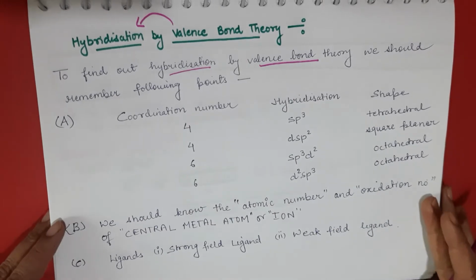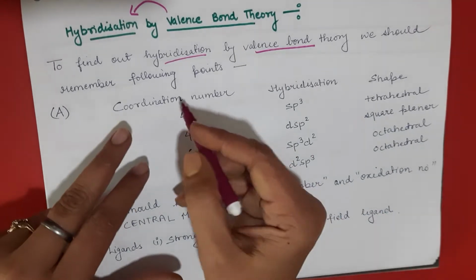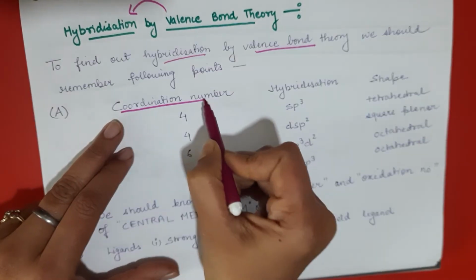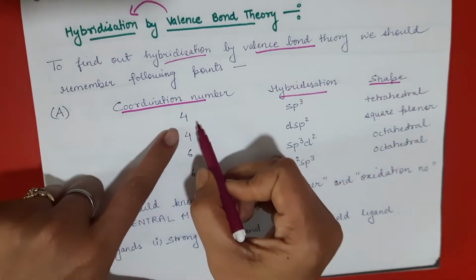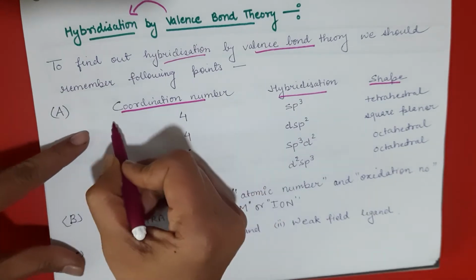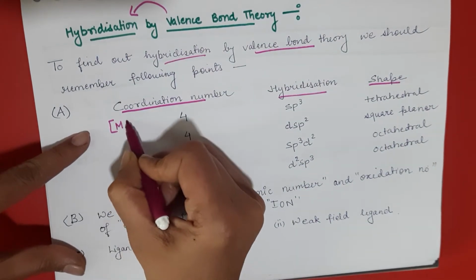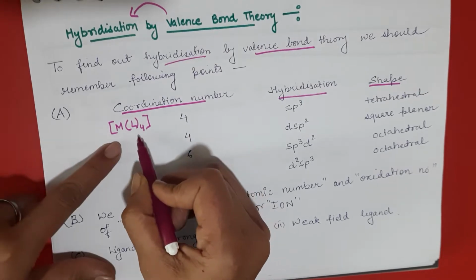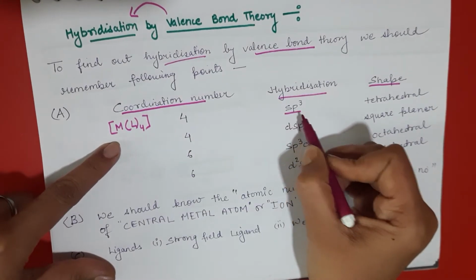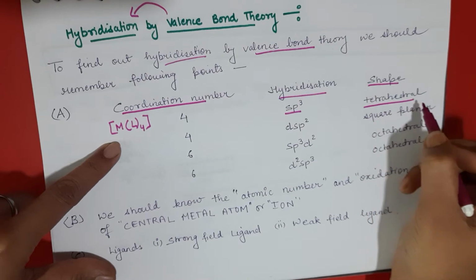What are the points here? You should know about the coordination number, which is related to hybridization and shape. If the coordination number is 4, that means you have a metal and 4 ligands, so the hybridization will be sp3 and the shape will be tetrahedral.